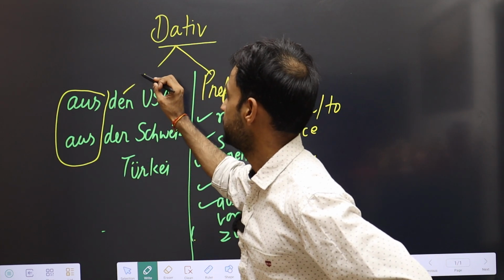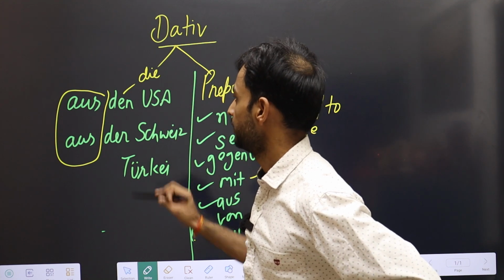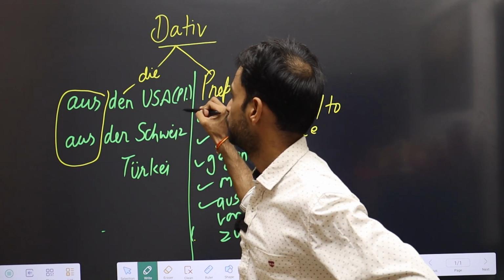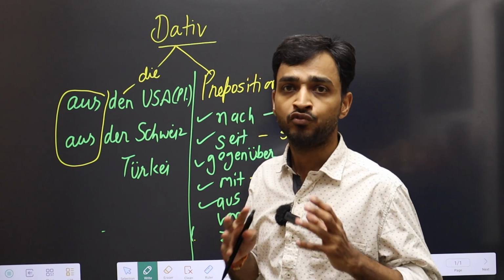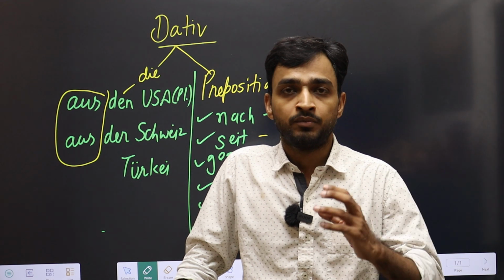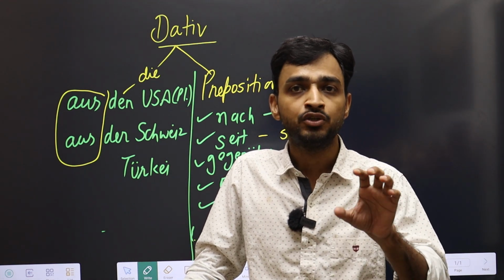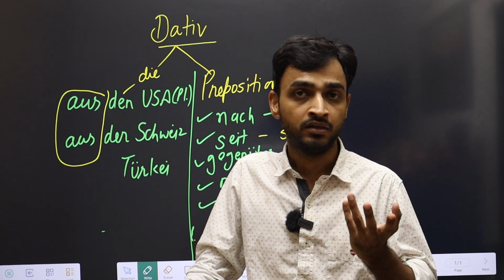Normally USA is die USA, but dative plural is den. USA is plural. United States of America. There are so many states which are part of the USA. So USA is written plural, die USA, but with dative plural, den.